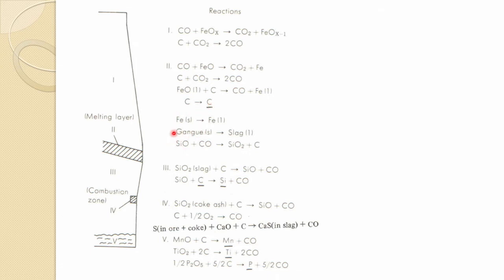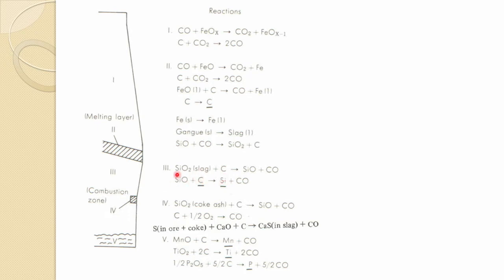And the gangue also at that time, if some SiO which is coming out reacts with CO, it forms SiO2 and carbon under this condition. In this zone, near the combustion or dropping zone, SiO2 which is there in the slag or in the gangue material reacts with carbon, forming SiO vapor, a gaseous product, and CO. And this SiO reacts with the iron which has dissolved carbon in it at high temperature.